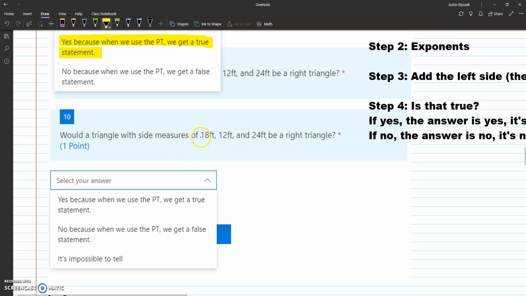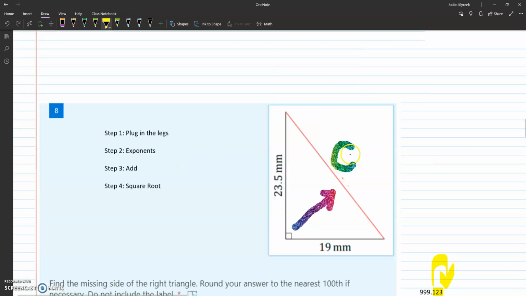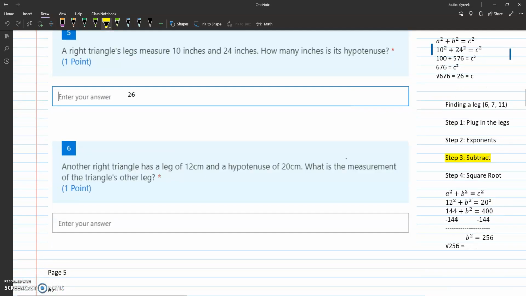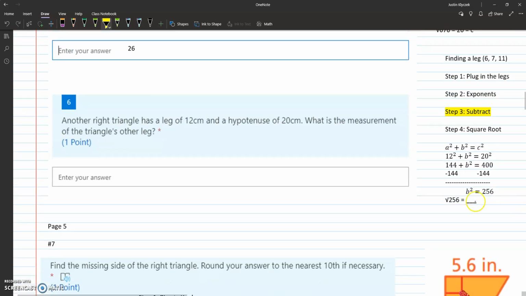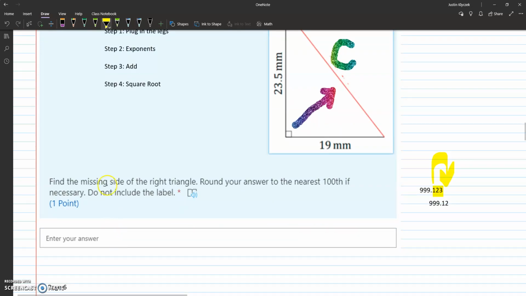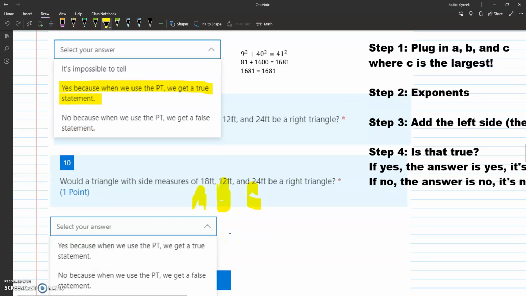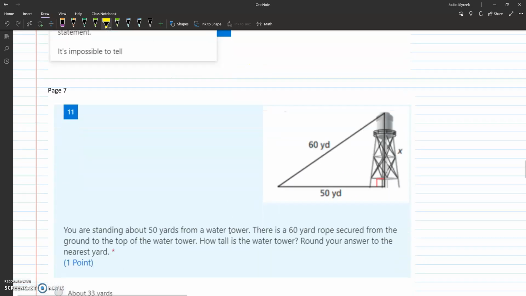Now notice that these are not in order, but we know that 24 is the biggest, so that's going to be the C. You can just do this is A and this is B, it doesn't matter. Make sure you write out the steps. At this point you should have written out number 5 steps, number 6 steps, number 7 steps, number 8 steps, and then number 9 and 10. And we're over halfway done, only about 5 left to go.